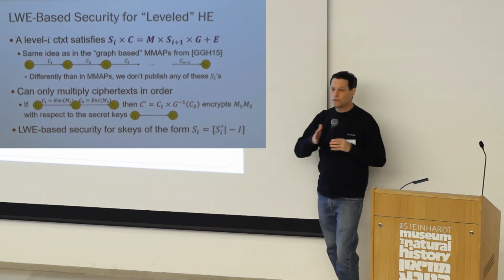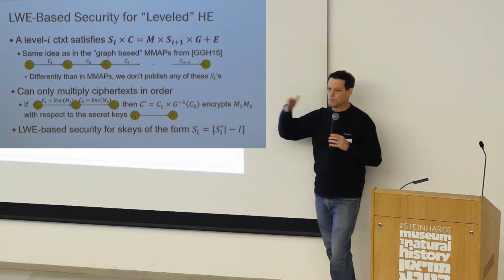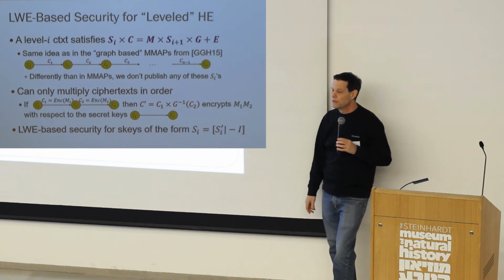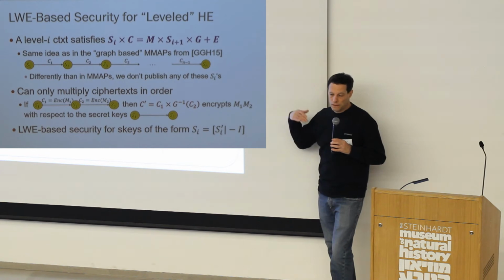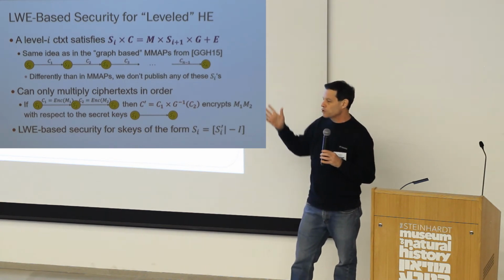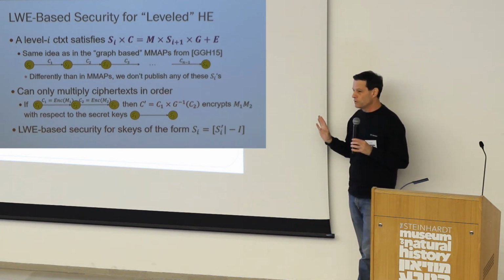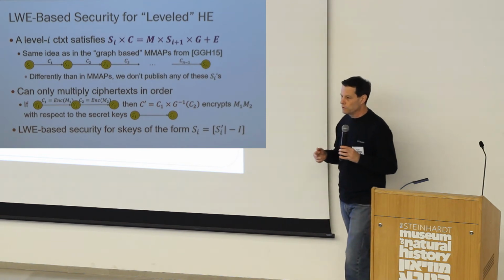Where you think about it as a chain of secret keys, and every ciphertext moves you from one secret key to the other. In the multilinear map case, there is an issue that you need to publish one of them, and that gets you into a lot of trouble with security. But really, we don't publish any of them, and you can prove security based on LWE. That's very easy.